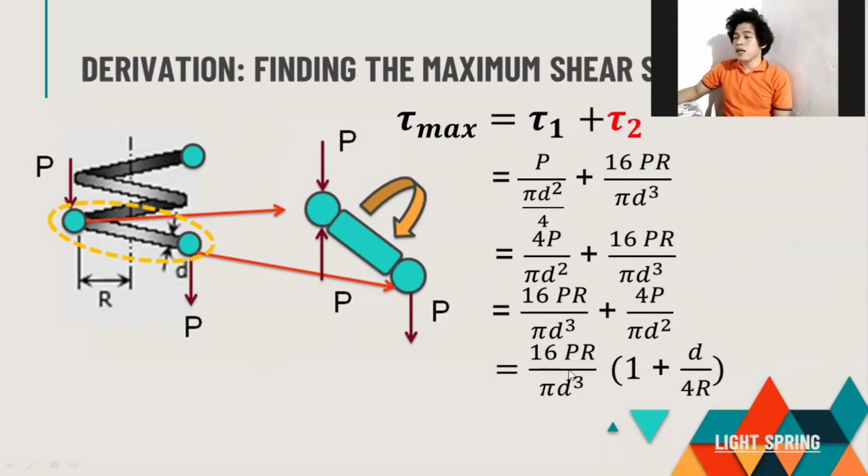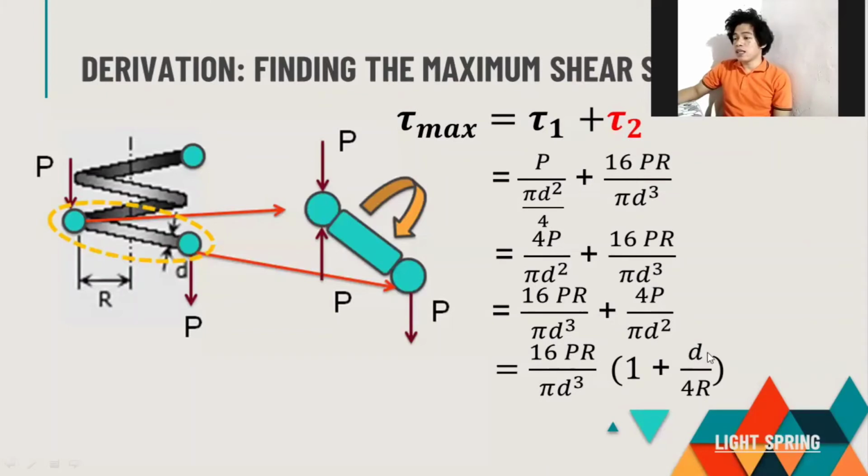So 16 PR over pi D raised to 3 times 1, plus, to be able to get the 4P, we need to divide 16 by 4 and multiply by R, so the R will cancel and it becomes just 4P. And then for the other term to become pi D raised to 2, it will cancel, leaving pi D raised to 2.